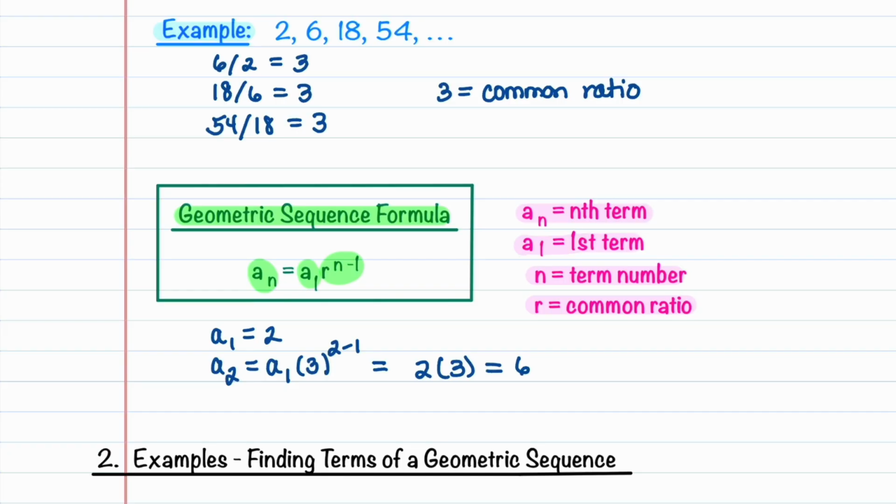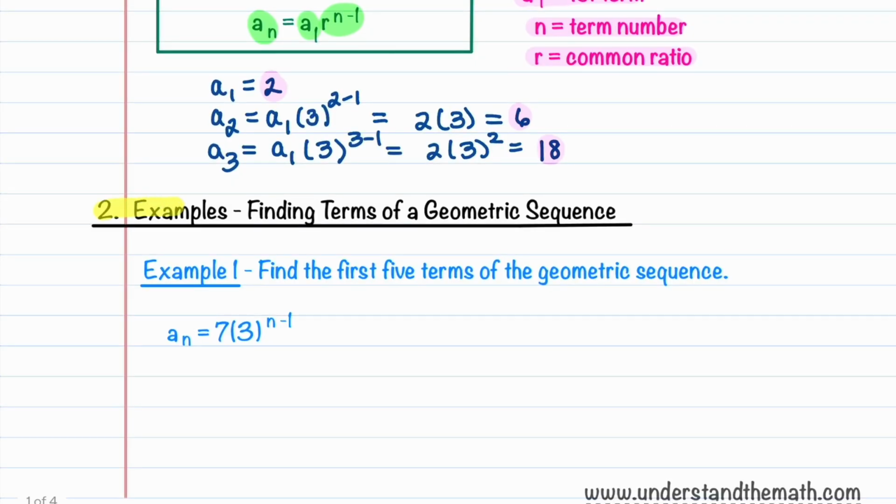And then let's do one more. a3 is going to be a1 times r, which is 3, to the n minus 1, which is 3 minus 1. So this is just 2 times 3 squared, which is 2 times 9, which is 18. And you can see that we have the terms 2, 6, 18 from the formula, and they match up with the numbers in our sequence.